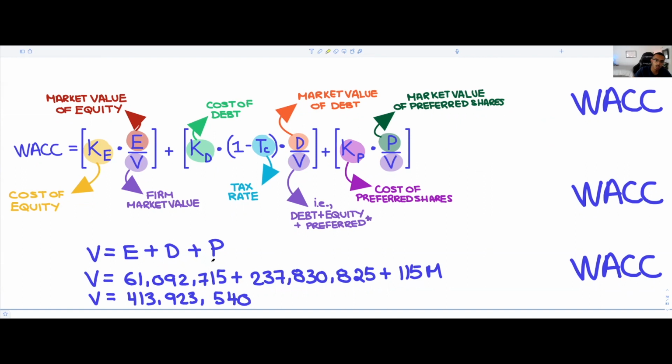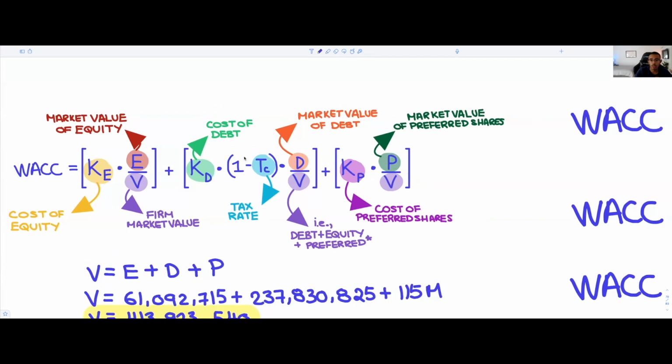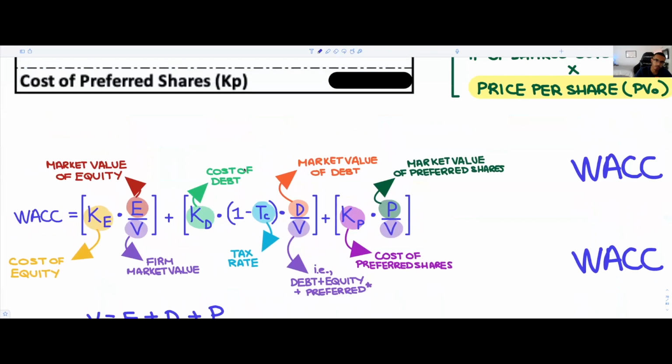This is awesome news because now that we have our value for the firm, we could go ahead and solve for our actual percentages, so our E over V, our D over V, and our P over V.